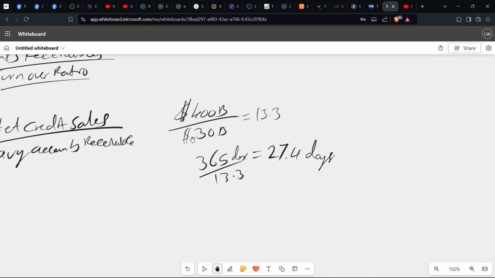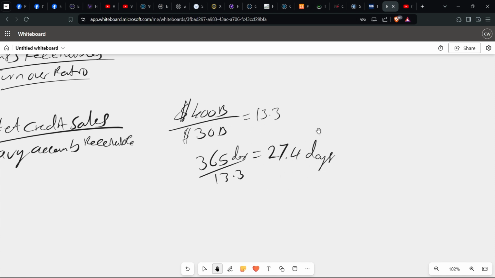So this multiple means that in a year, accounts receivable is converted to cash 13 times. You divide 365 days by 13 to see the average days. This means in around 27 days, goods sold on credit are usually paid for. Since a month usually has 30 days, this is around a month.